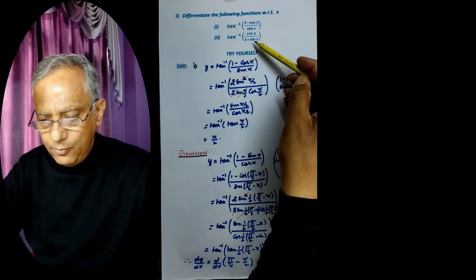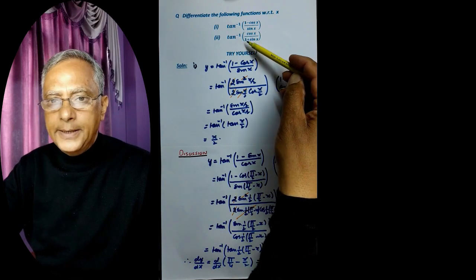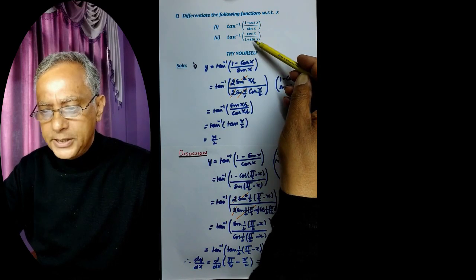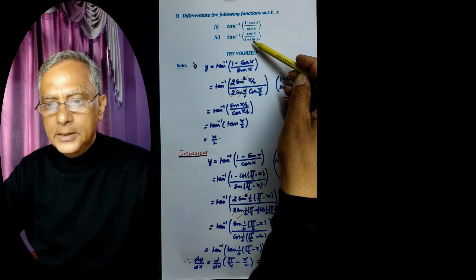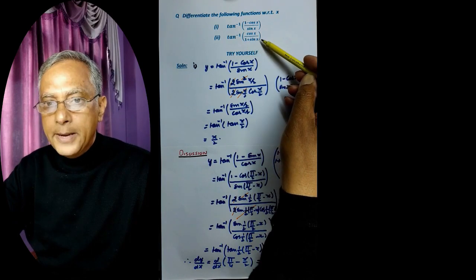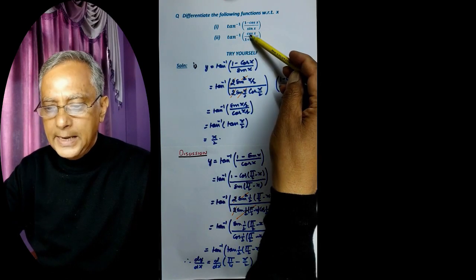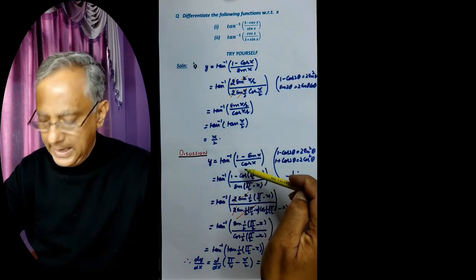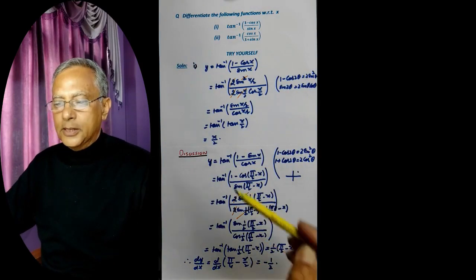Here again we have 1 plus sin x. There is no formula available for 1 plus sin x, so we will change it into 1 plus cos. So we can write this as 1 plus cos pi by 2 minus x, and this can be written as sine of pi by 2 minus x, as we did in this question.